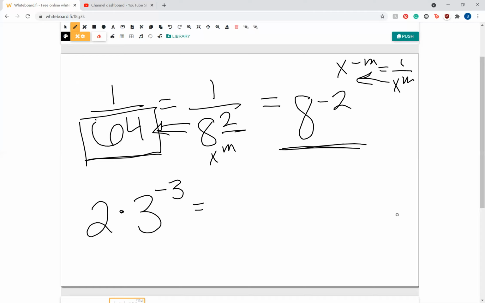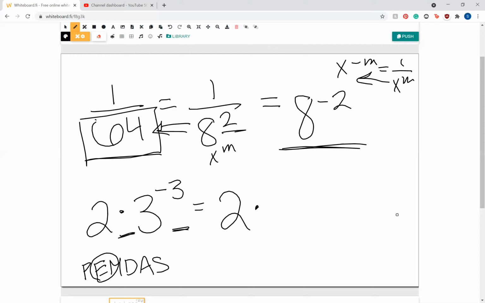Like in some of those problems from the zero exponent video, we have to apply the order of operations to this. So we've got our old pal PEMDAS here. We've got multiplication, and then we have an exponent. The exponent goes first. So our first step is going to be to go 2 times 3 to the negative 3.